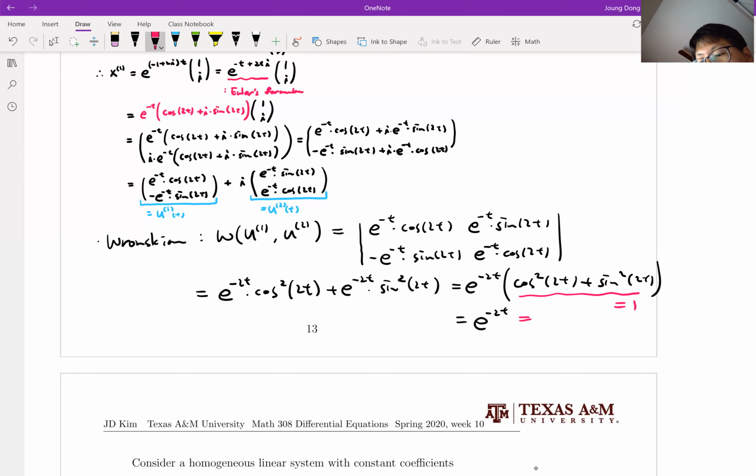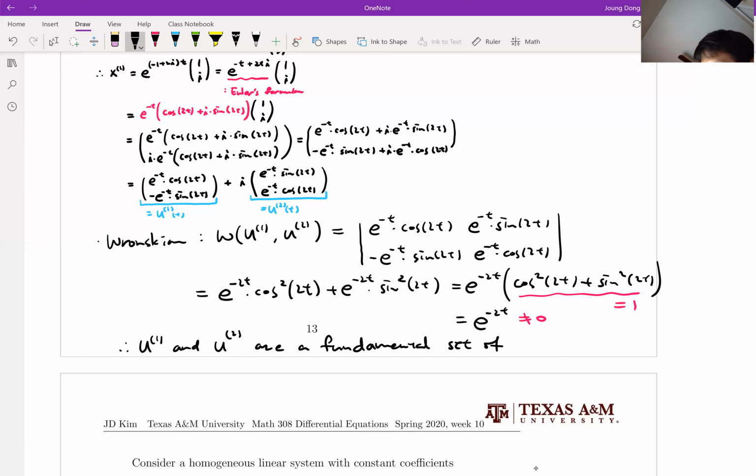So the Wronskian of u1 and u2 is not equal to 0. My conclusion is that u1 and u2 are a fundamental set of solutions. By superposition, the solution of the system of differential equations is a linear combination of u1 and u2. That is the conclusion of this one. That's it.